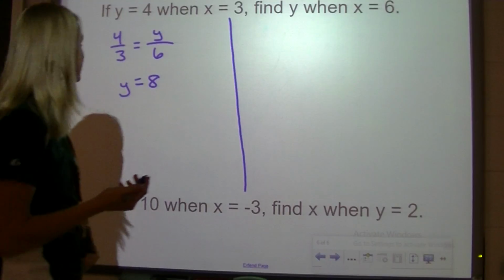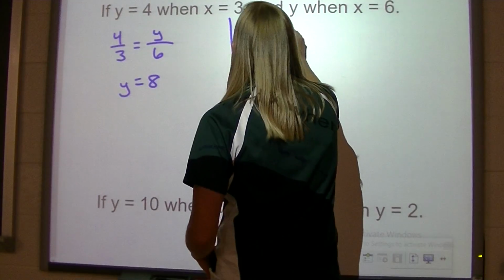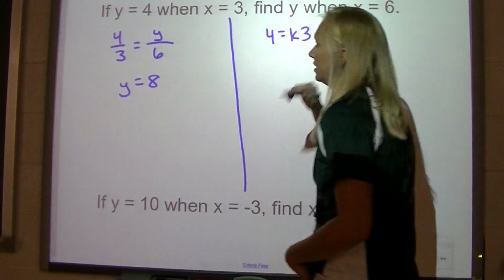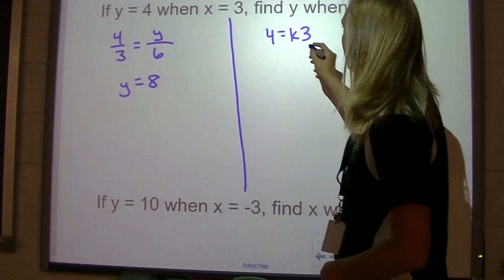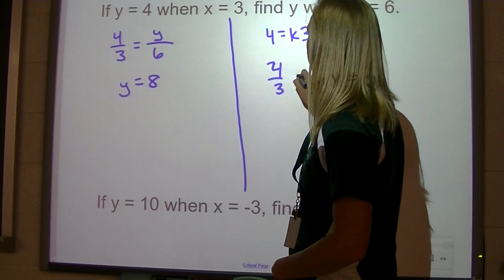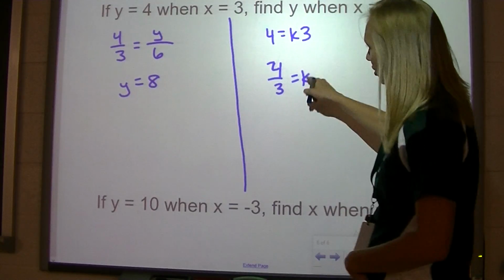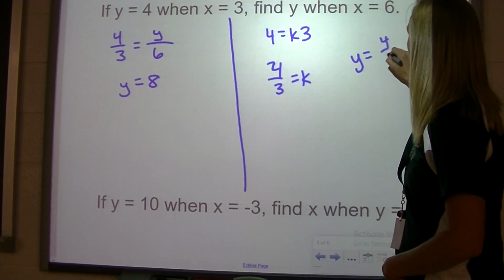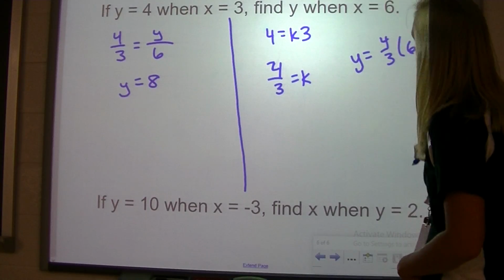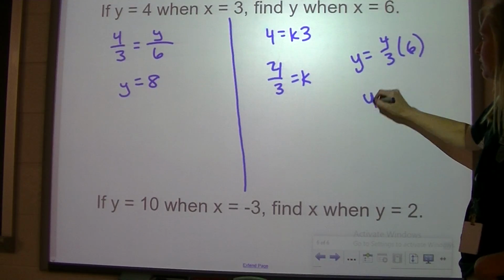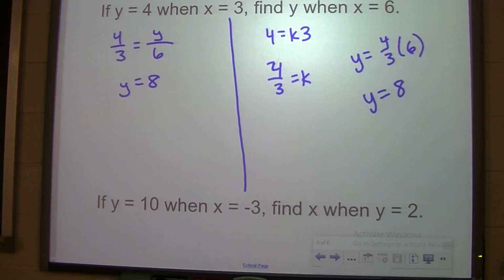The other way I said we could do it is if we use our direct variation formula, I can find my constant, find my k, so divide by 3, 4/3, and I'll get 4/3 equals k. Now I know what k is, so I can plug it into this equation and do 4/3 times 6. Well, 4 times 6 is 24. 24 divided by 3 is 8.